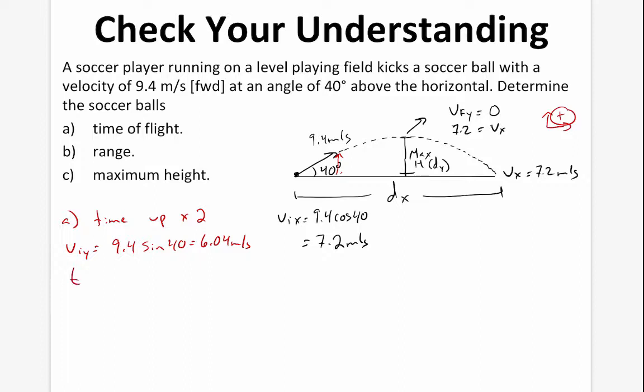What else do we know? Well, we're looking for time, so time up. The distance up, we also don't know. Acceleration would be working down. We said up was positive, so acceleration would be negative 9.8 meters per second squared. But also we know that VFY at the top is 0. So now we have 3 components, and we're looking for time.